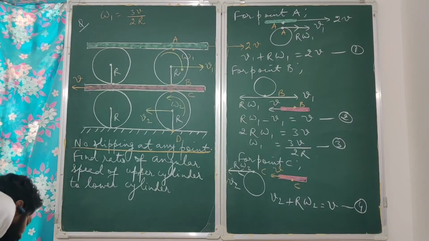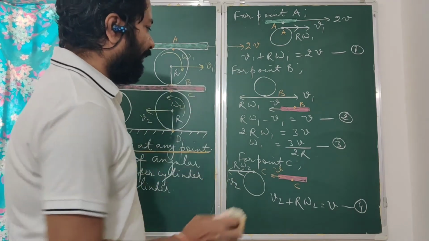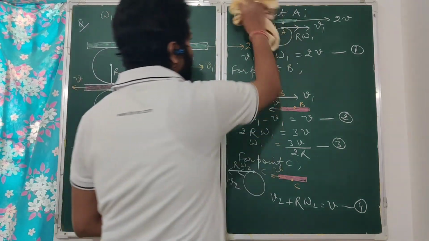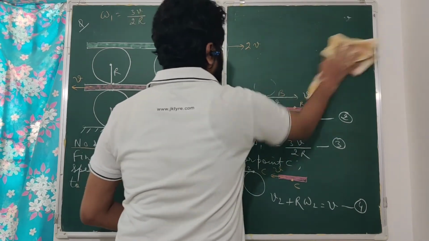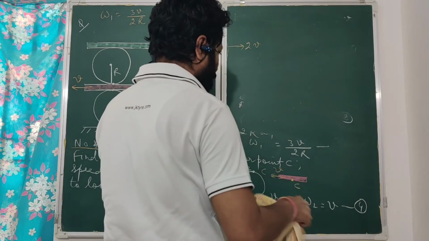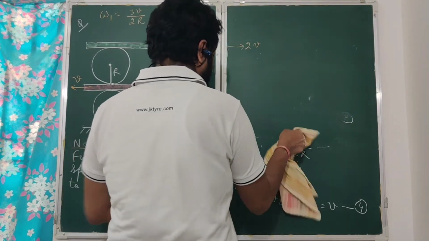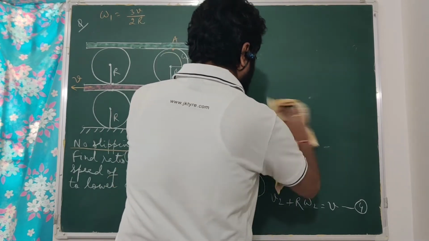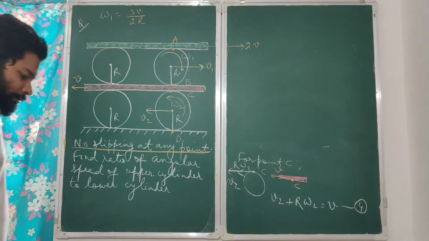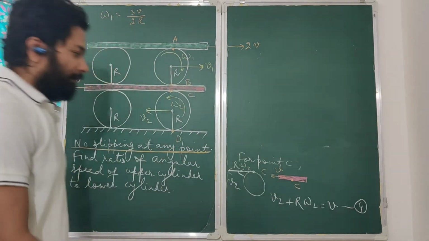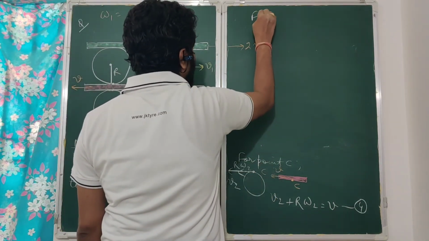So I will erase till point B and then we'll talk about point C and point D. So you can see the point C is there. Here we have already discussed about it. What will happen at point D?